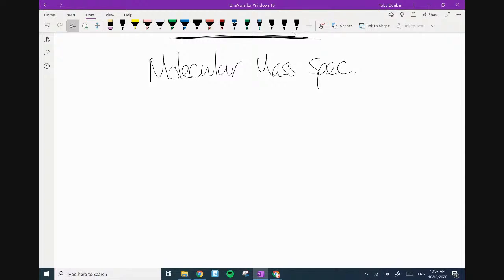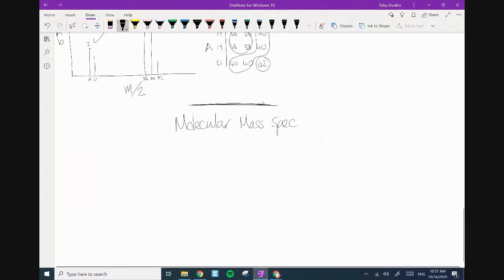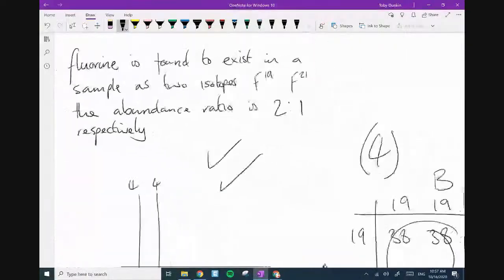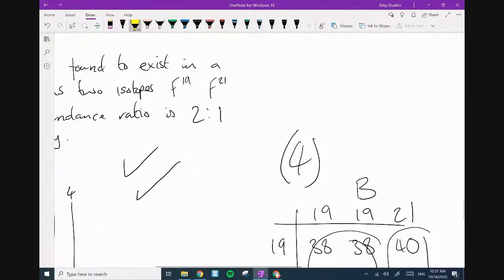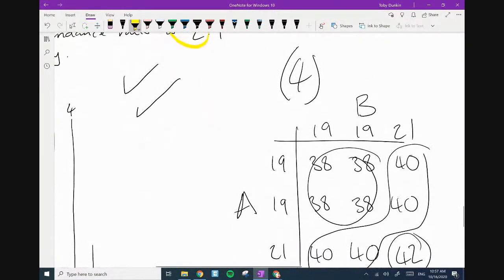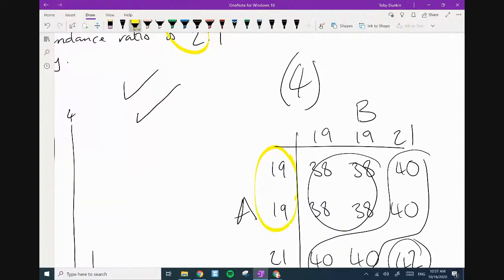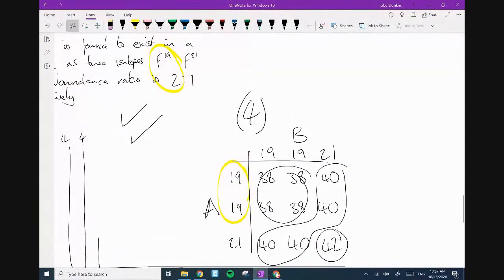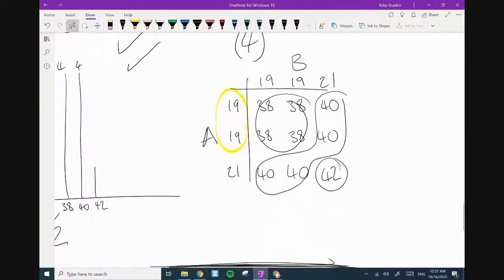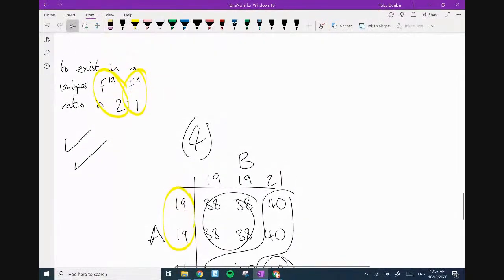So what we're doing is, instead of putting in an element, oh, Mr. Duncan, how do you know that the 19 is repeated twice? Because for the bromine, none of the numbers were repeated, but for chlorine, both of them were repeated in the Punnett square because of the ratios. Yeah, it's because of the ratios, Aisha. So they told us that there was going to be 2 fluorine 19s. So A could occur twice as 19, but it could occur once as 21. Yeah, I can draw it out if you like.